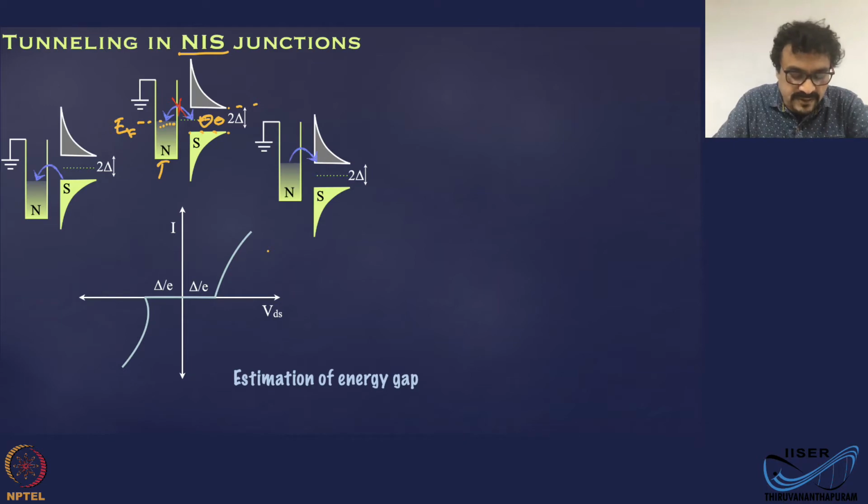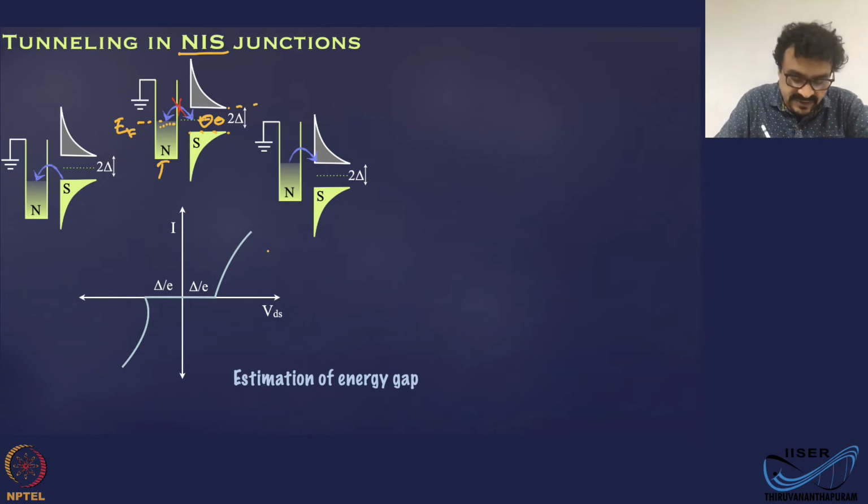So to the right direction, there are no states for electrons, and towards the left direction there are no states for Cooper pairs. Okay, because Cooper pairs are actually also bosons.